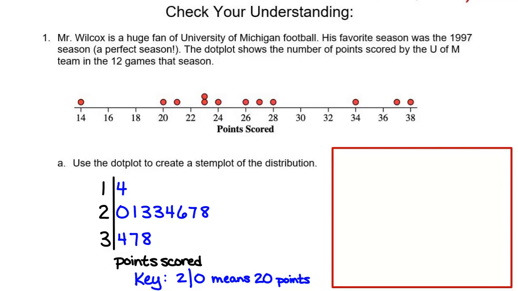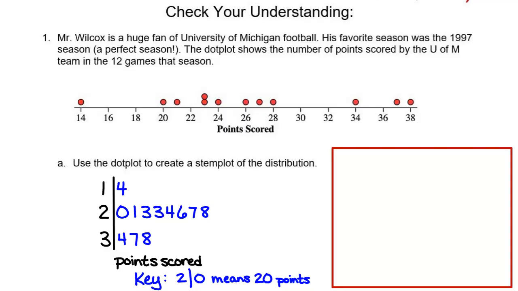The key that I'm working from right here has 23 as the key for the stem plot. There are a lot of times that stem and leaf plots get used for decimal values, where the leaves are decimal values, and so that's why it's so important to have the key, so that we understand that our stem is the tens and hundreds place and our leaves are the ones place. That is what your key is for.